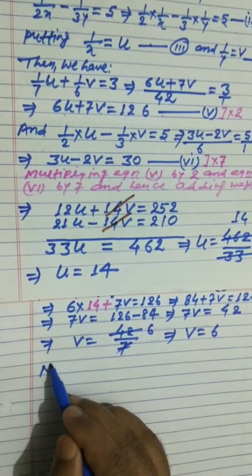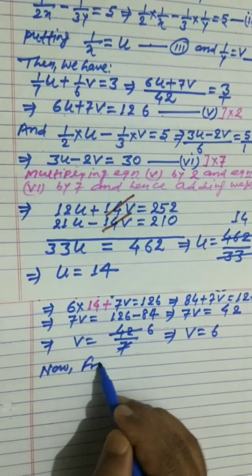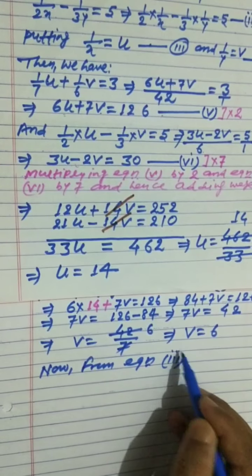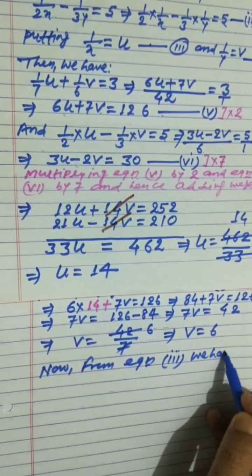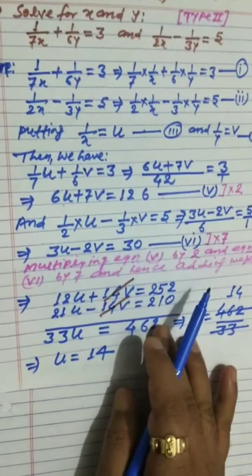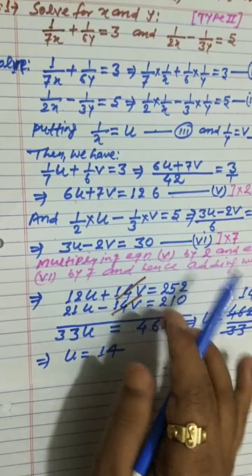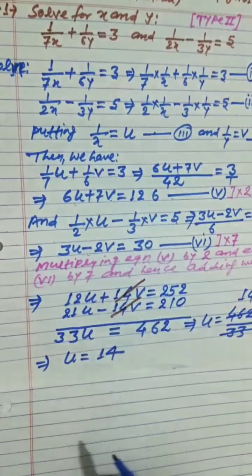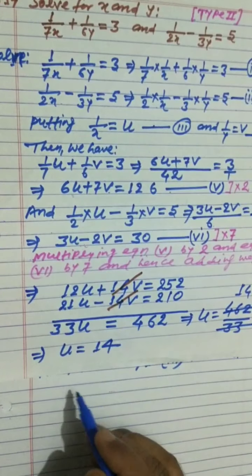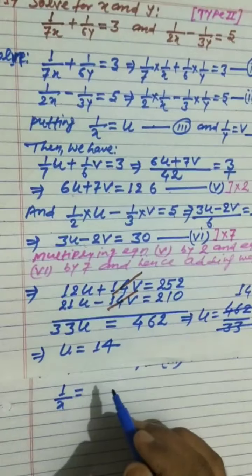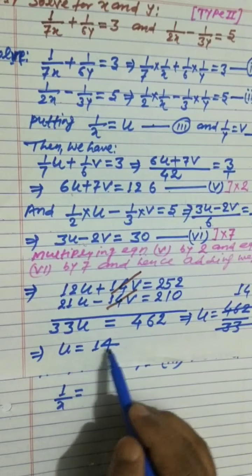Now from equation third, we have supposed 1 by x is equal to u. So let us put the value of u here. 1 by x is equal to u, and the value of u is 14.